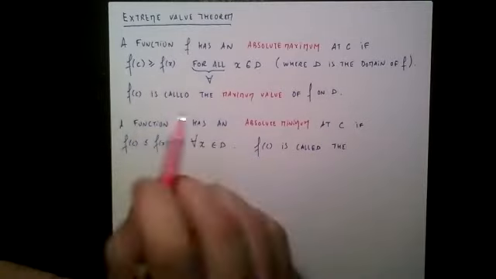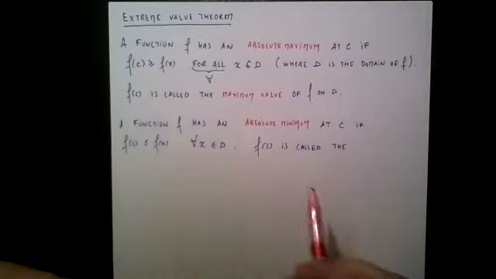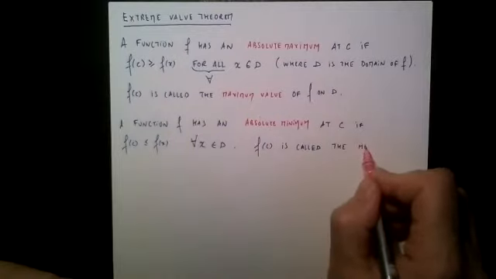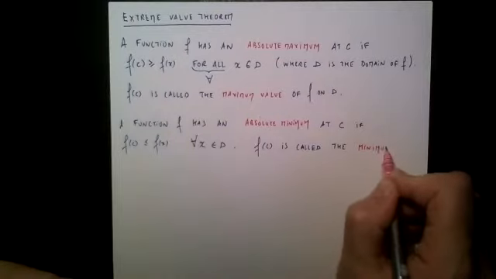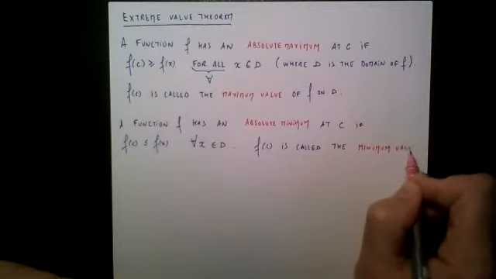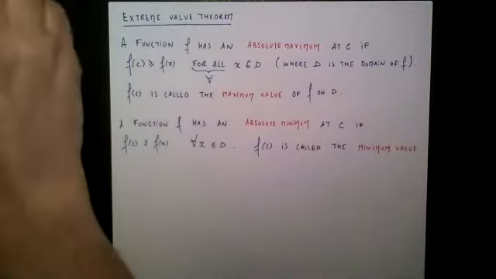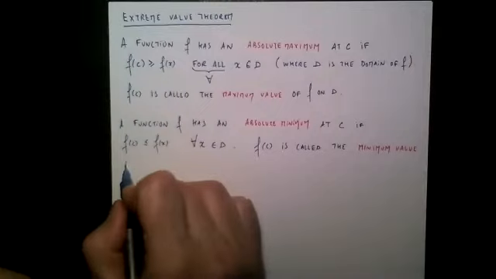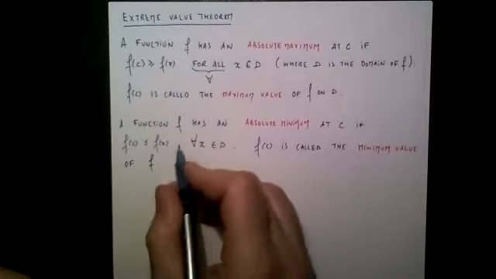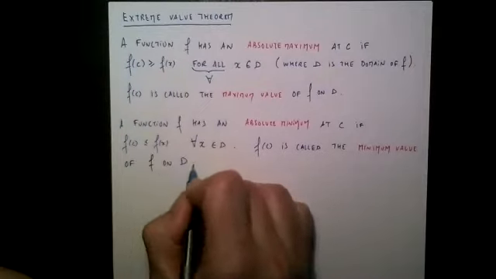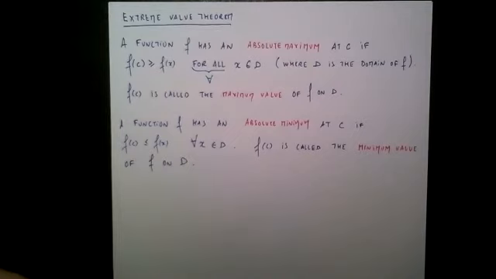Absolute minimum. It's called the minimum value. Okay, it's called the minimum value of f on the, always on the domain.